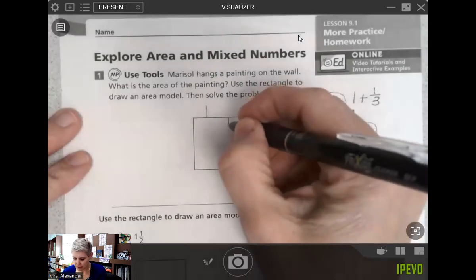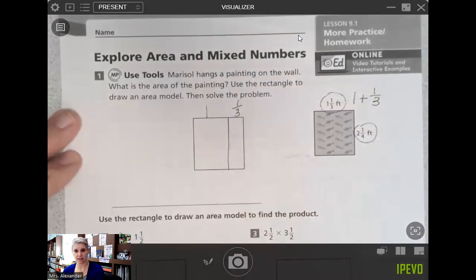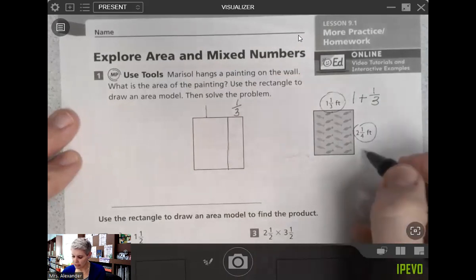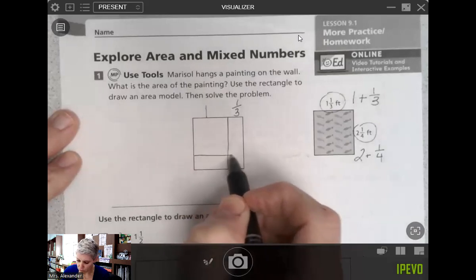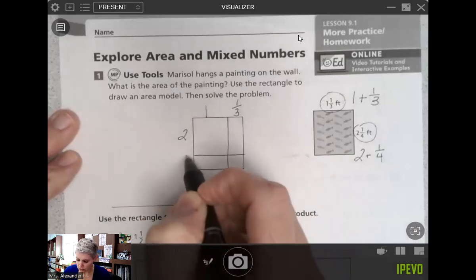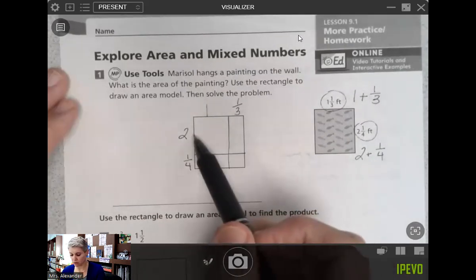So I can split this model into 1 whole and 1/3, like that. When I hear 2 1/4, I can break this apart going the other way. I have 2 1/4. So then we're going to use this model as we know for area.